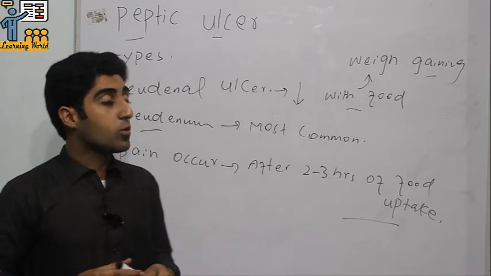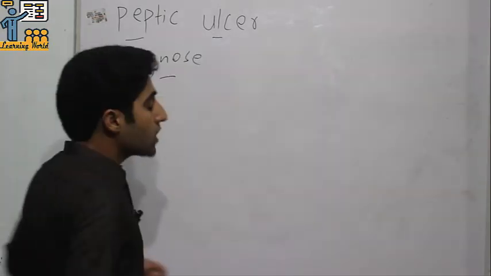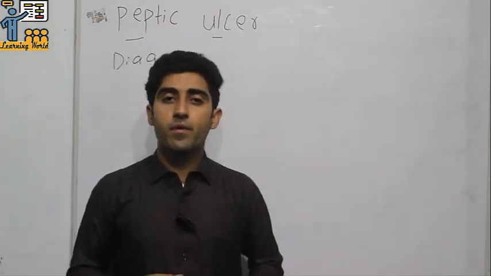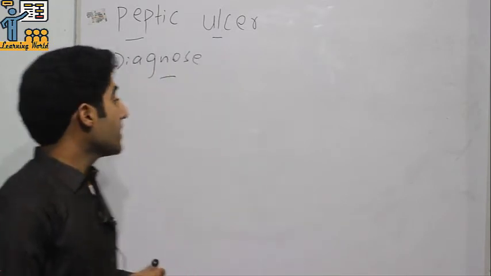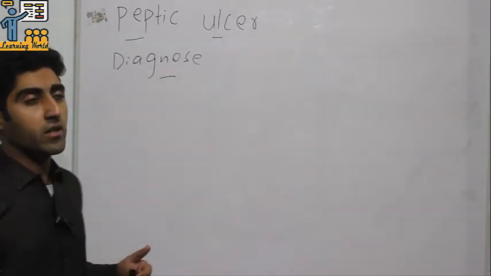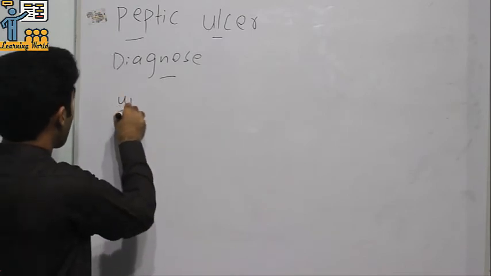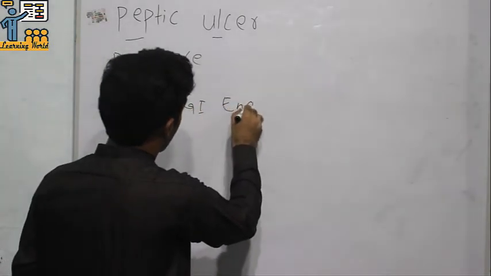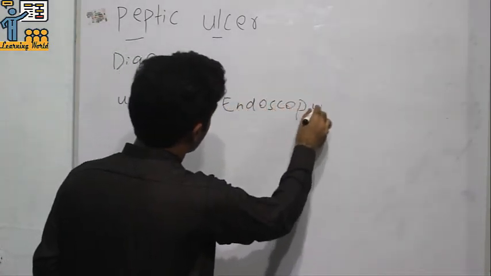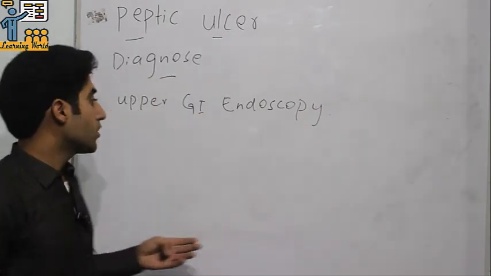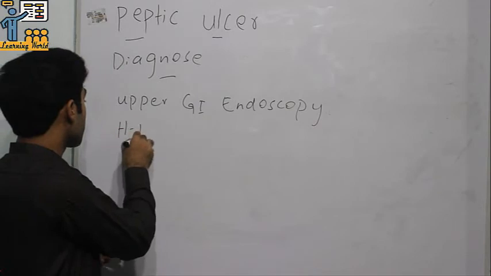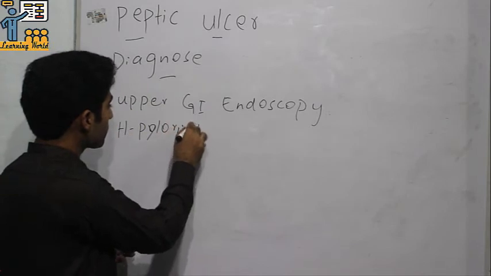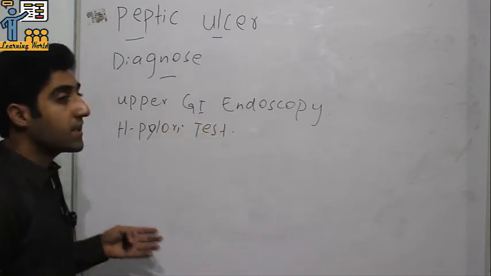Now we will discuss how to diagnose peptic ulcer. There are different tests present in the laboratory for diagnosing peptic ulcer. First, the most common one used in the lab is upper GI endoscopy. H. pylori test will also be used, and another is serology.